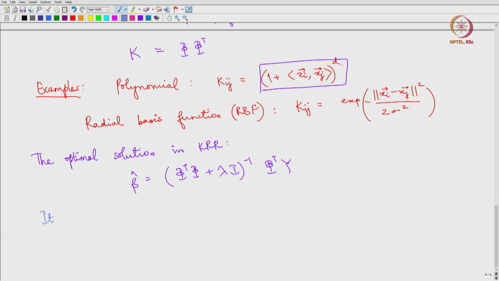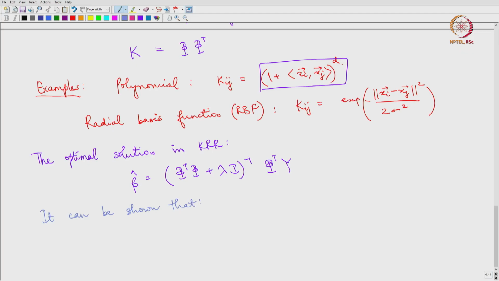So, it can be shown, and we will not prove it, but we will verify it, that (phi transpose phi plus lambda I) inverse, and here the identity matrix is of size p by p. You can confirm that because phi is of size n by p, so phi transpose is of size p by n, and phi transpose phi is of size p by p.